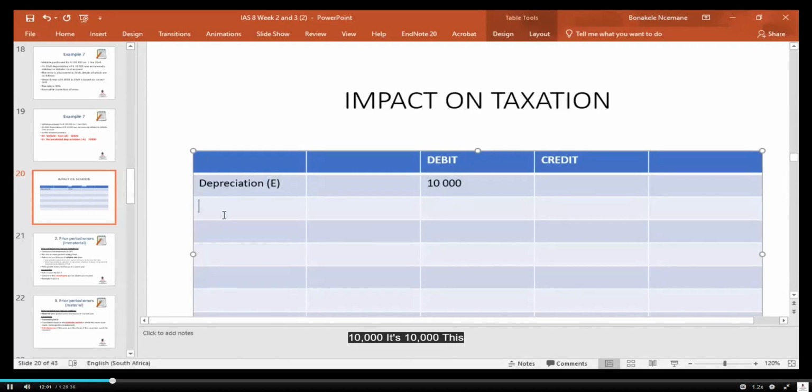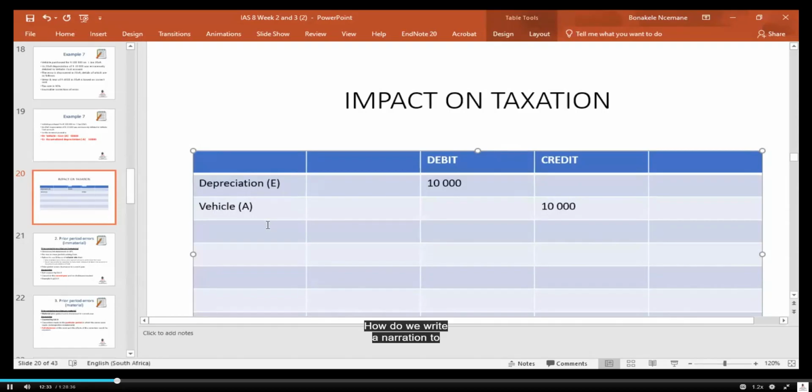Now, because this is a correction of error, what do we credit? The asset. Why do we credit this asset? Because the accumulated depreciation was done correctly. The only thing that was mistaken was that the asset increased. So we all agree.